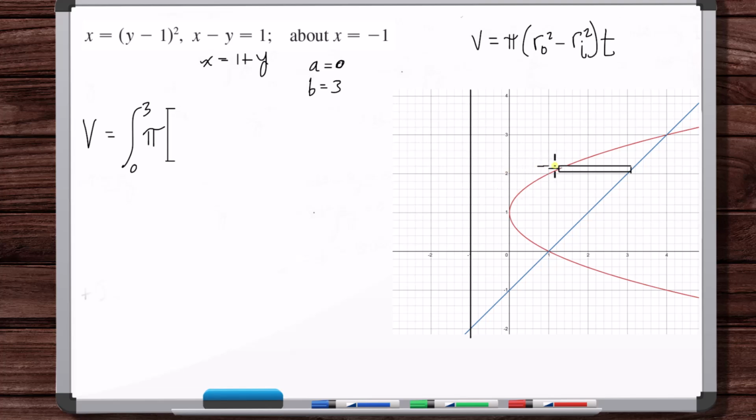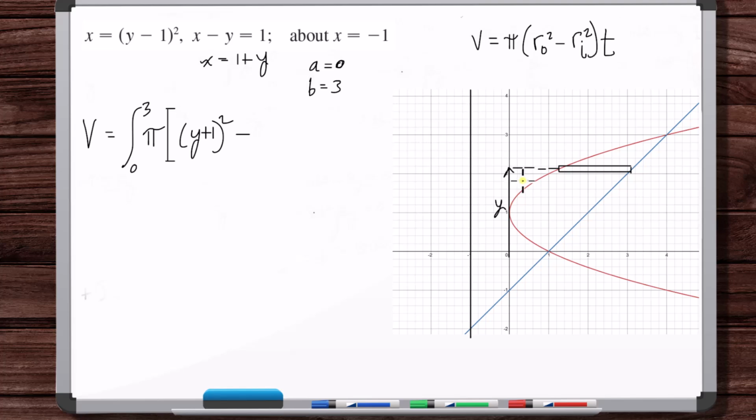When we're here, we're at this y value. So how do we get the outer radius? This is the outer radius. We need to plug this y value into this. So it's 1 plus y, but we square it, r outer squared. So let me do (y plus 1) squared.